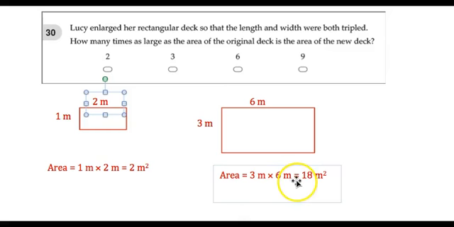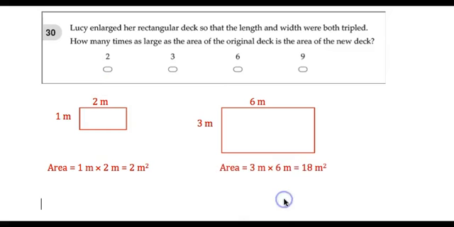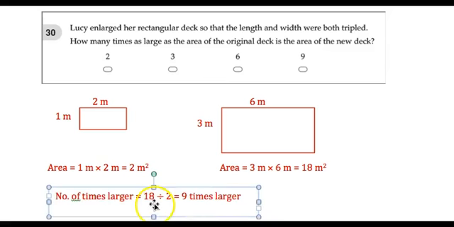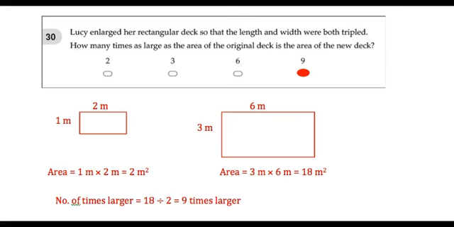And so we need to see how many times larger the new deck is. So to see how many times larger it is, you have to see how many 2's go into 18. So the number of times larger is 18 divided by 2, which is 9 times larger. Okay, and that's shaded in there.